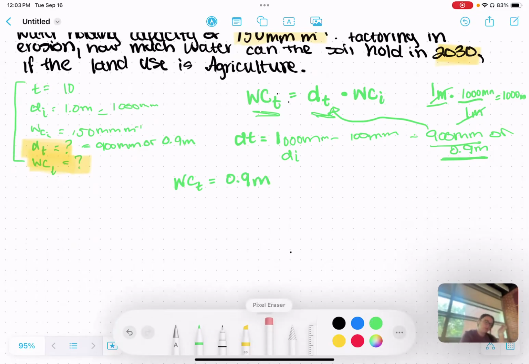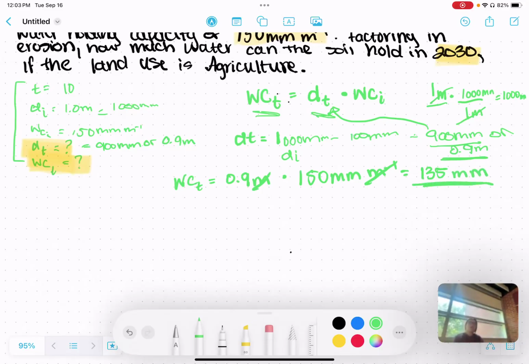Again, we want to use the meters since we need to multiply what our water holding capacity was initially, and its units are millimeters per meter. So that allows us to cancel out our meters and we'll be left with millimeters, which is what we want. And when we multiply those two numbers together, we get 135.